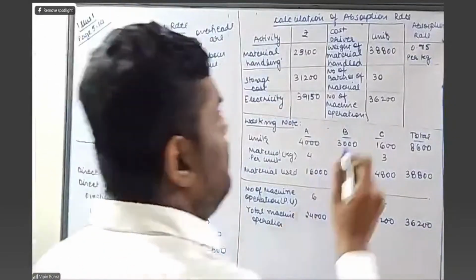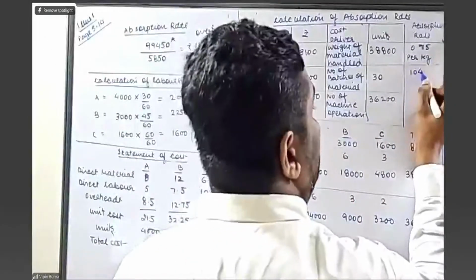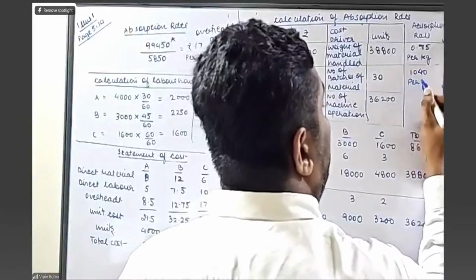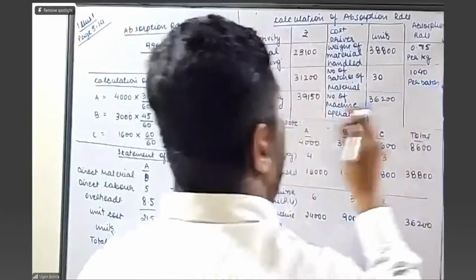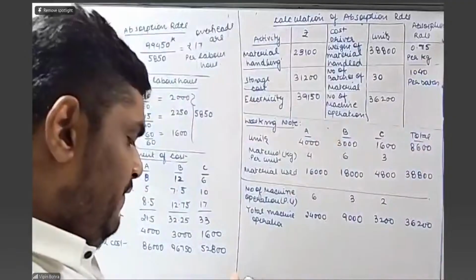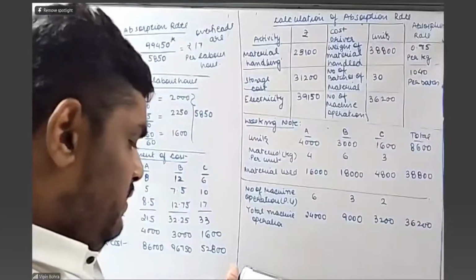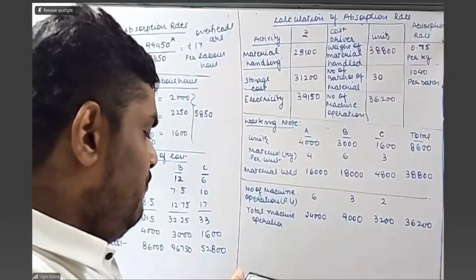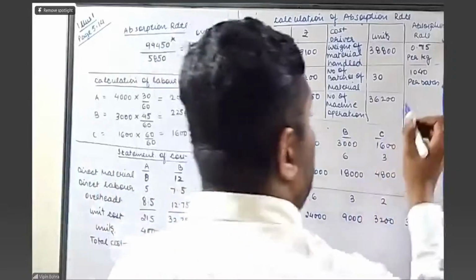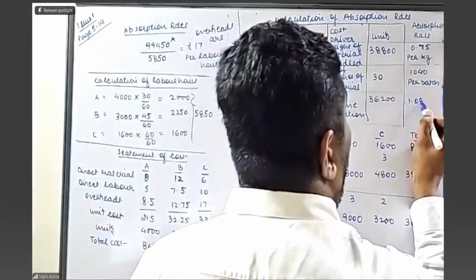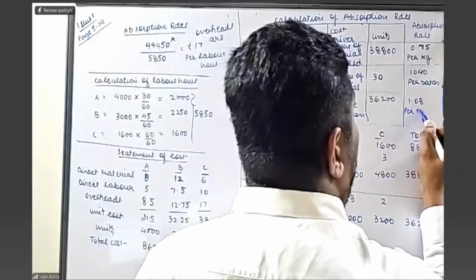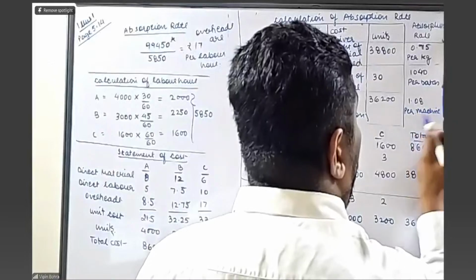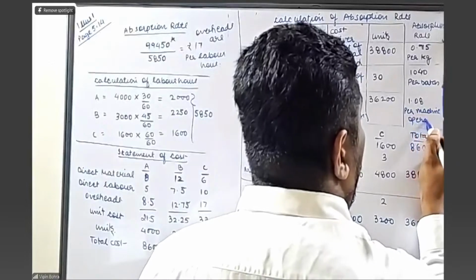So it is 1,040 per batch. Herein 39,150 divided by 36,200. It will be 1.08 per machine operation.